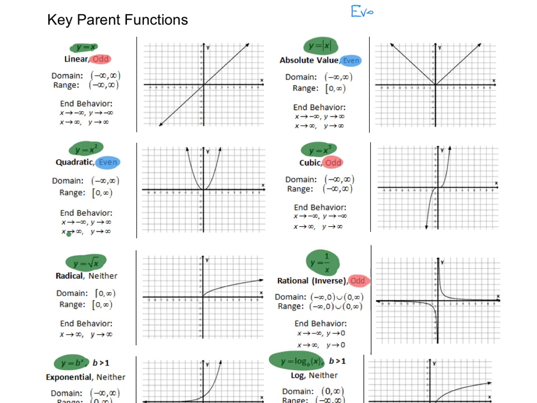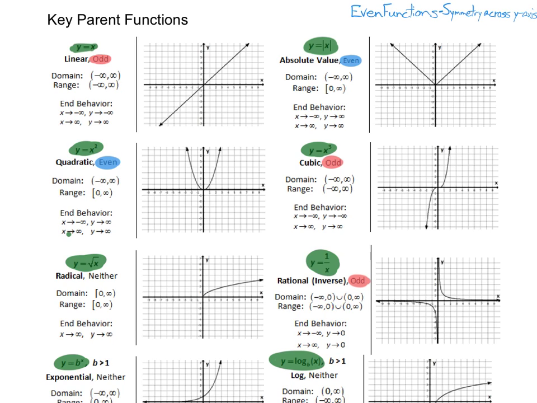Even functions, well, it's when we have some symmetry. Even functions have symmetry across the y-axis.